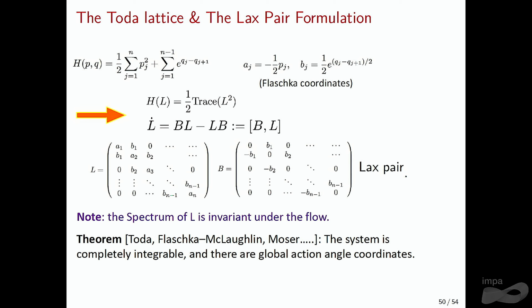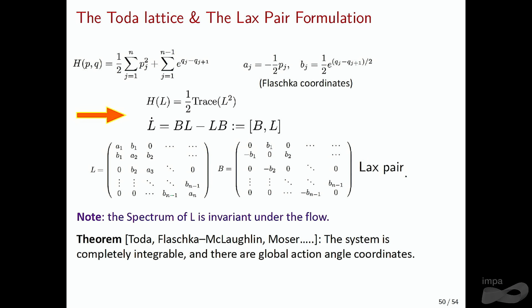I'm definitely not going into the details of this, but what we actually discovered is that we have this black box that comes from the Toda lattice with these action-angle coordinates that we can implement in our setting. We still need this deformation and to adjust them, but in a sense, it was already made for us, these global action-angle coordinates.